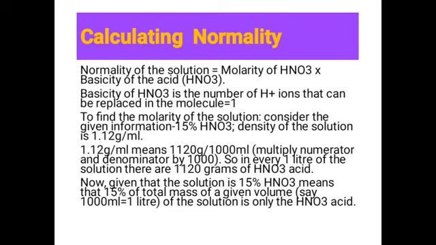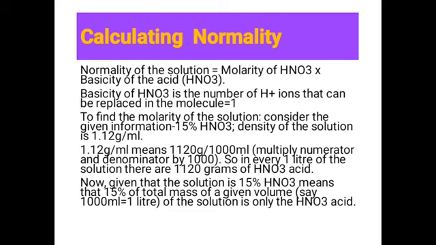So we can say our normality is equal to molarity times the basicity of the acid. In the same way we look for molarity, molarity is number of moles, or amount of substance in mole, over volume in dm cube or in liter.